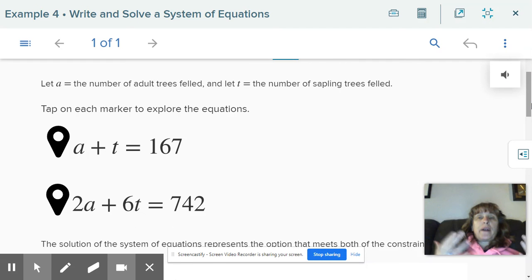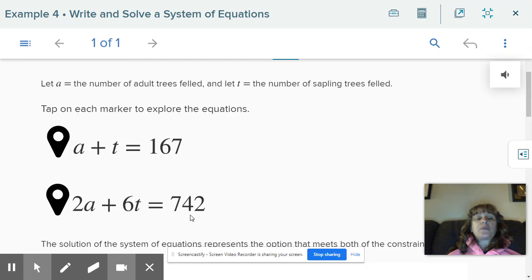And whenever you do word problems, you have to decipher what information you know. We know that adult trees and saplings together were 167 that were cut down. We also know that you had to plant 2 for every adult that you cut down and 6 for every baby tree that you cut down.